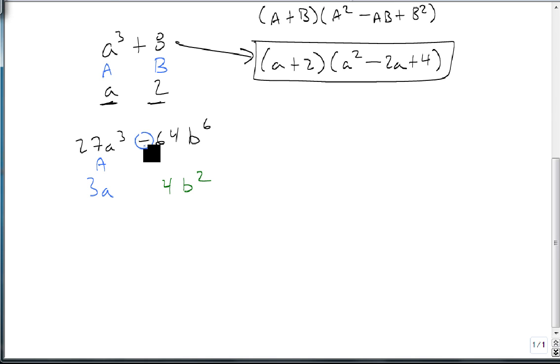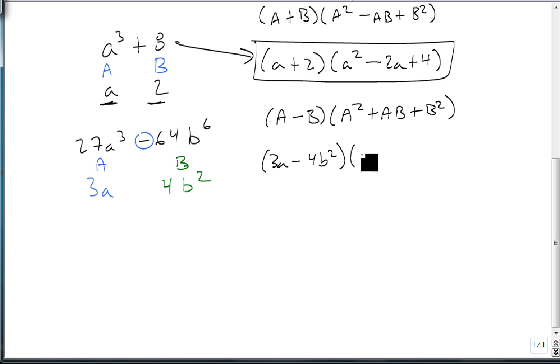Now because of the minus, I need to use a different formula. My formula is (a − b), always the same sign to start, then a² plus, the opposite, ab, always positive for b². So here's my b. Using the formula, I get (3a − 4b²). Then I take the quantity 3a and square it.